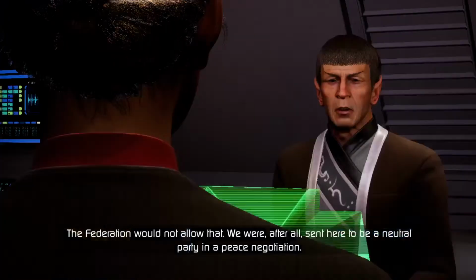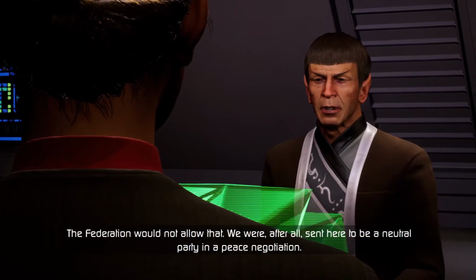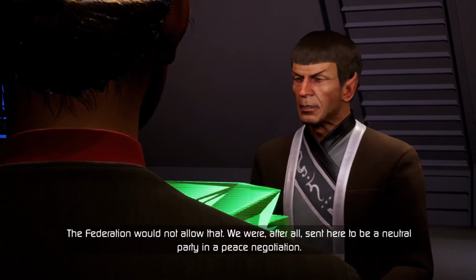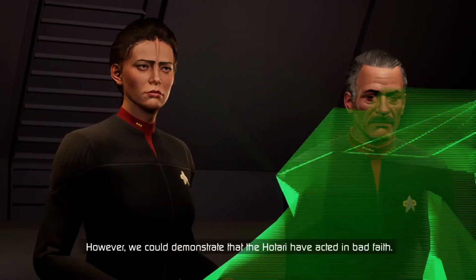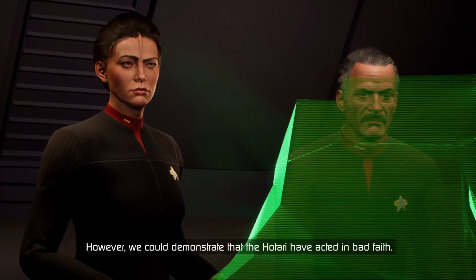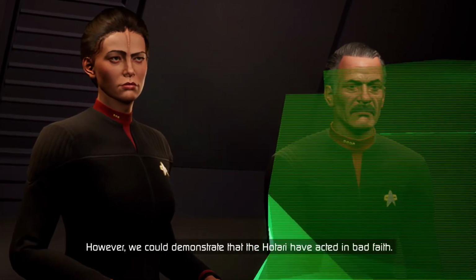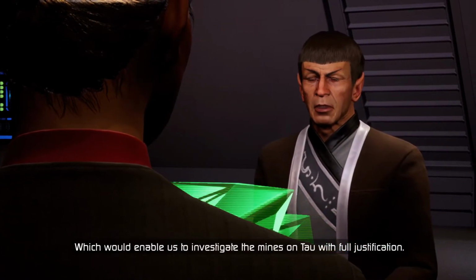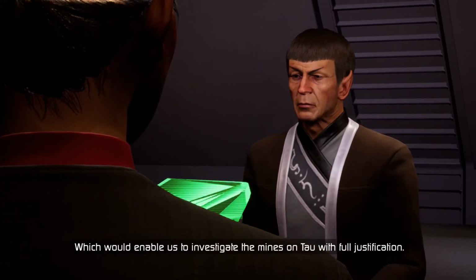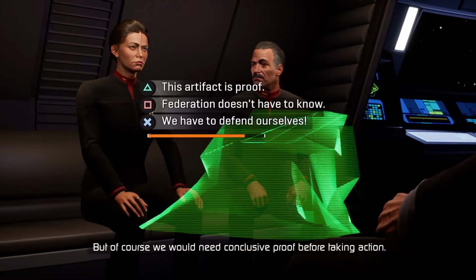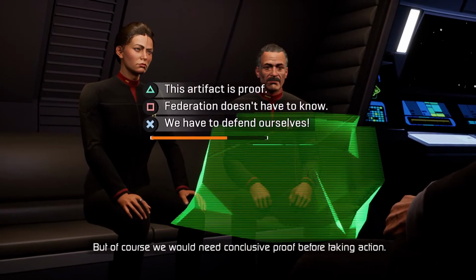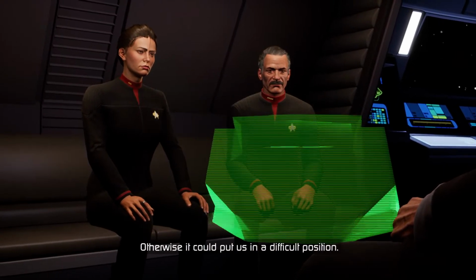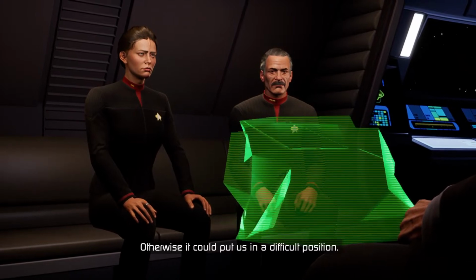The Federation would not allow that. We were, after all, sent here to be a neutral party in a peace negotiation. However, we could demonstrate that the Hotari have acted in bad faith, which would enable us to investigate the mines on Tau with full justification. But of course, we would need conclusive proof before taking action. Otherwise, it could put us in a difficult position.